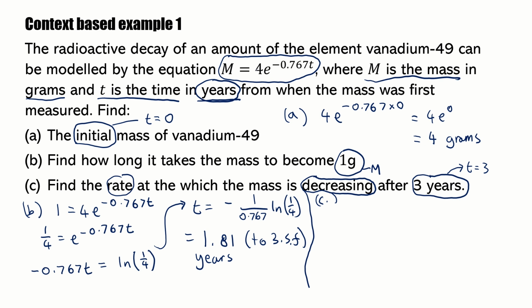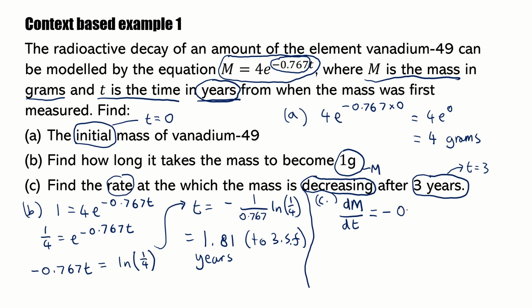To differentiate the expression we have, first we'll get the notation right. It'd be dm over dt, because we're differentiating with respect to t, and the expression is of the form m equals. That is then going to equal what we get when we differentiate this, which, as a reminder, means we're just going to look at the number that's in front of the t in the power of the e, and multiply the coefficient at the front by that amount.